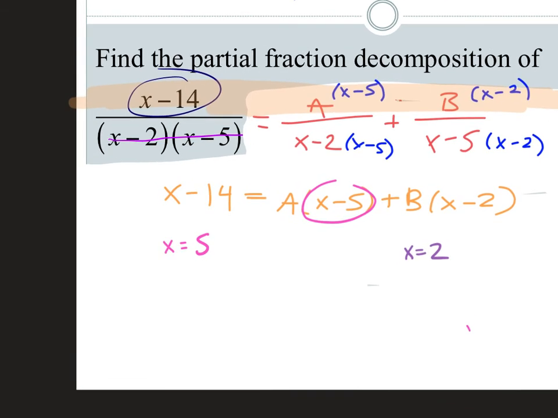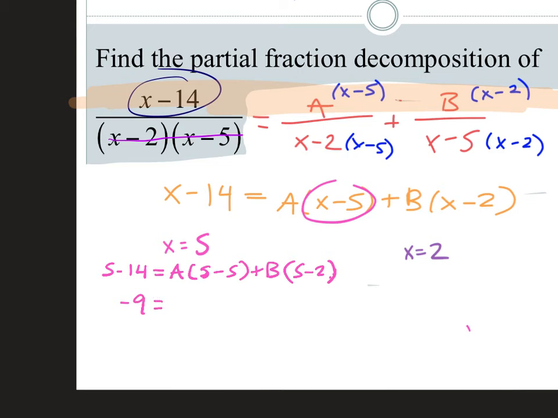So let's plug them in. So first we're plugging in 5. So we have 5 minus 14 is equal to A times 5 minus 5 plus B times 5 minus 2. What's 5 minus 14? -9.